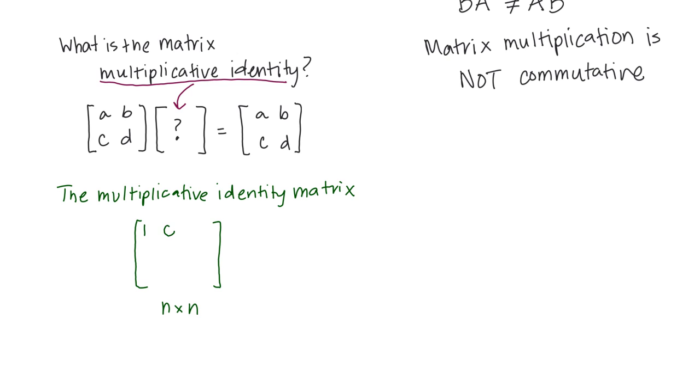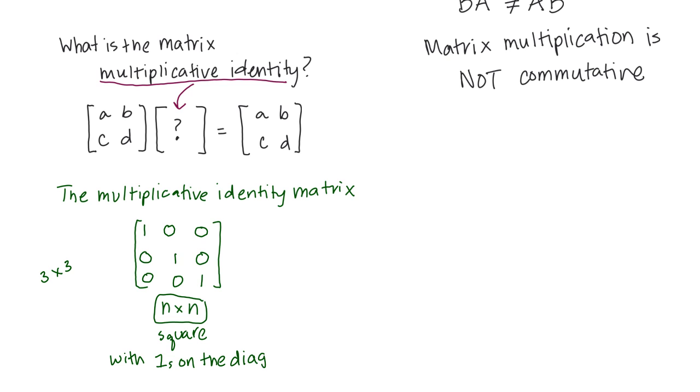The multiplicative identity is the matrix with 1s on the diagonal and 0s above and below. This matrix should look pretty familiar. I've drawn a 3 by 3 identity, but just know that the identity can be any size as long as it's a square. That's how you get the 1s on the diagonal and 0s above and 0s below.